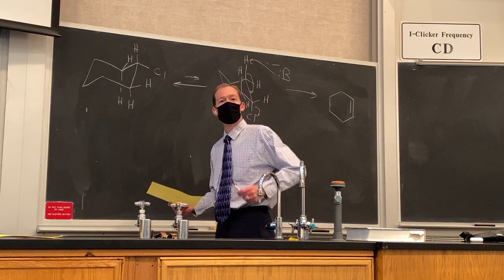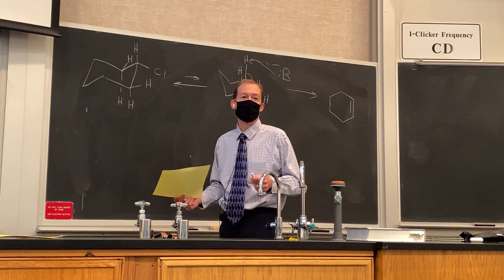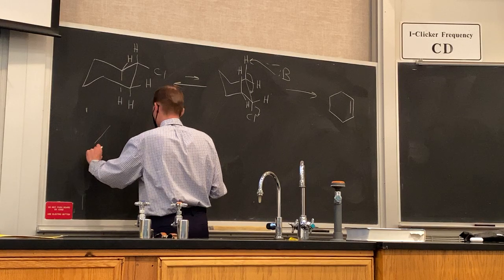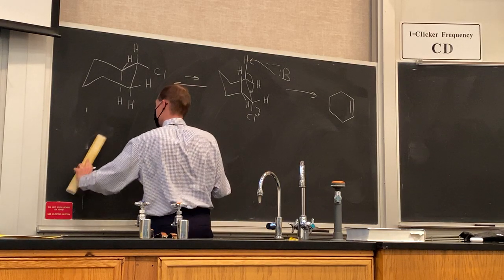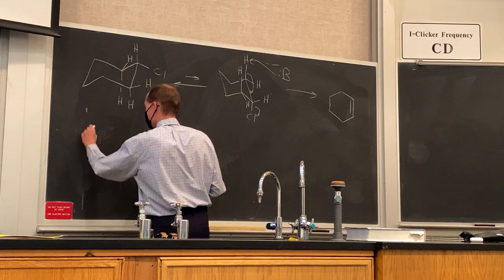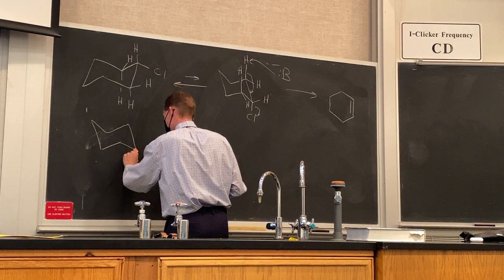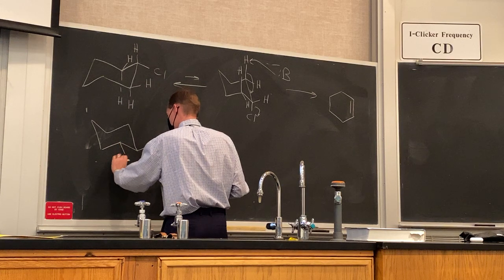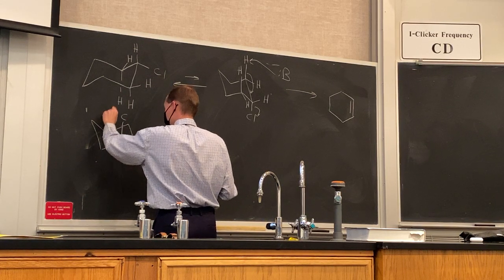So let's look at a disubstituted cyclohexane. Let's put a methyl group on our cyclohexane in addition to a chlorine. And let's see, I think I'm going to draw this a little differently. Actually, let's put the methyl group here, axial.